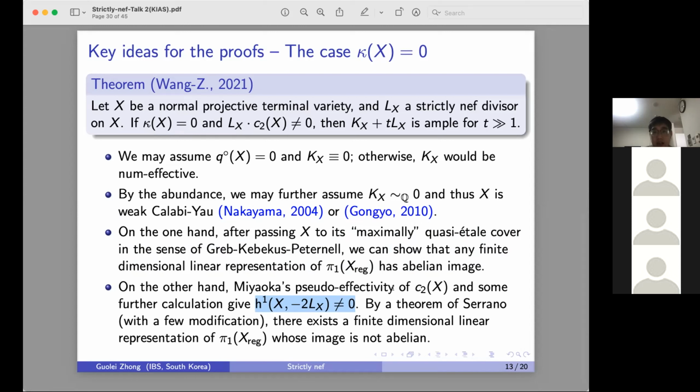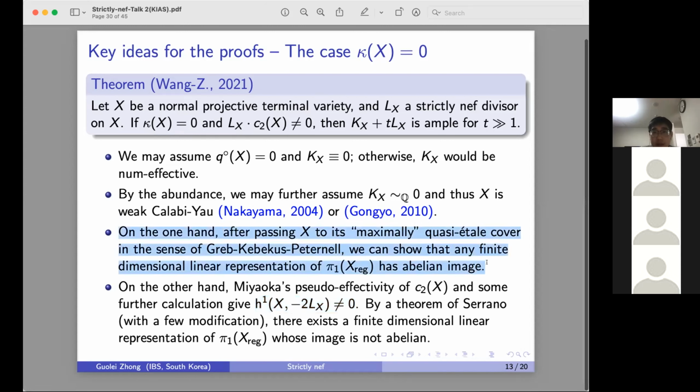Then we get a contradiction. So the point is that if this is not ample, then on the one hand, the finite dimensional linear representation of this π_1(X_reg) has abelian image. On the other hand, we can find a finite dimensional linear representation whose image is not abelian. Then we get a contradiction. Okay.